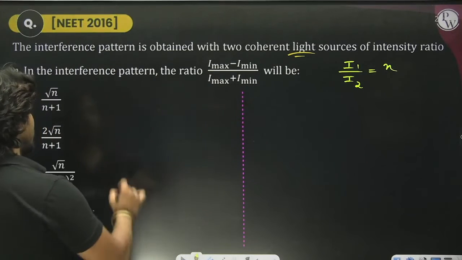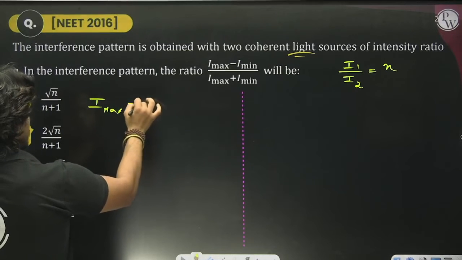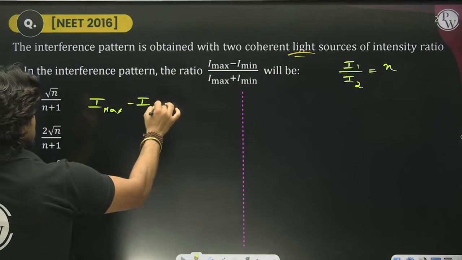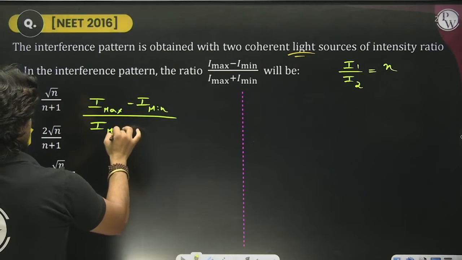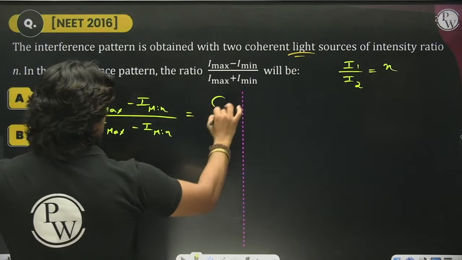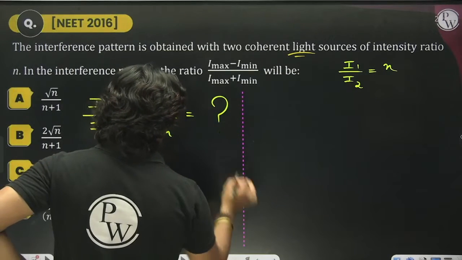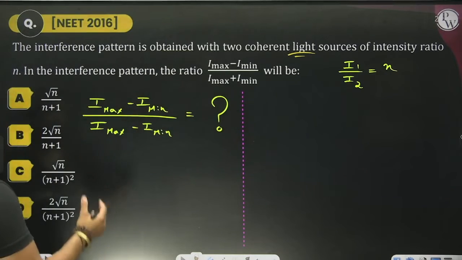The interference pattern: I max minus I min upon I max plus I min. How much is this going to be? What is this expression going to be?